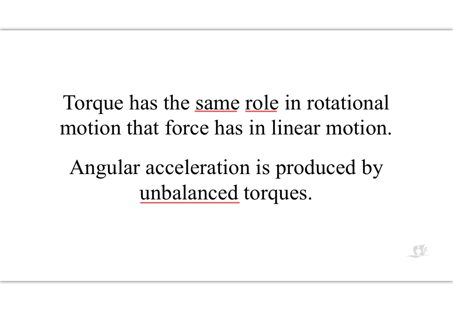Angular acceleration then is produced by unbalanced torques, all right? Unbalanced torques versus unbalanced forces, right? And so this is acceleration though. It doesn't mean that if something's spinning that they are unbalanced. It could be spinning at a constant rate, and that still means balanced, right? This is what happens with acceleration.